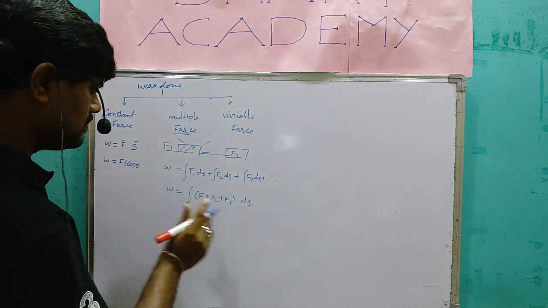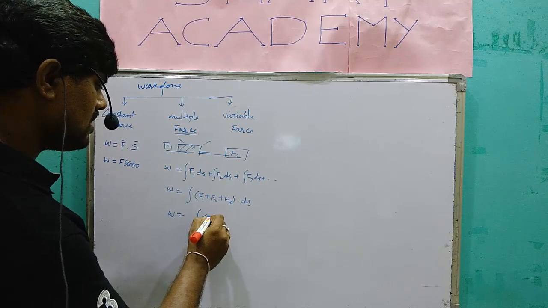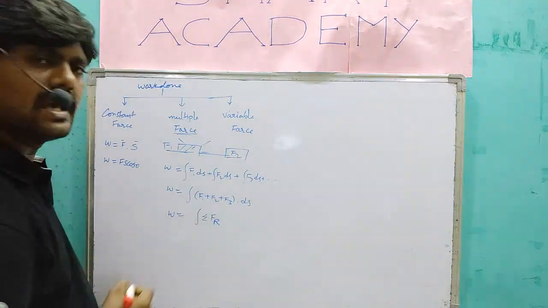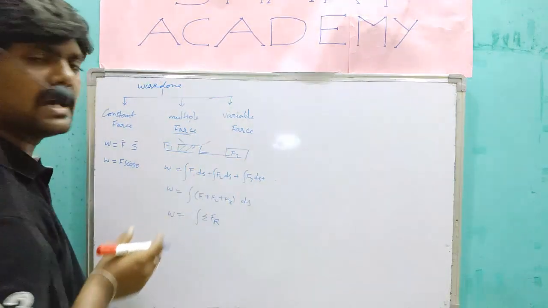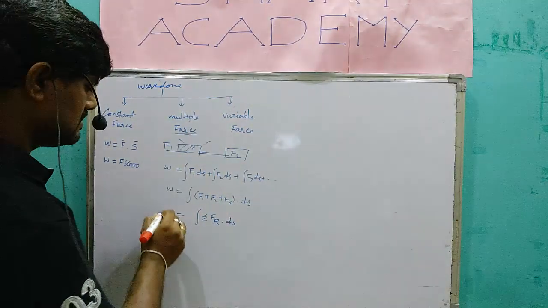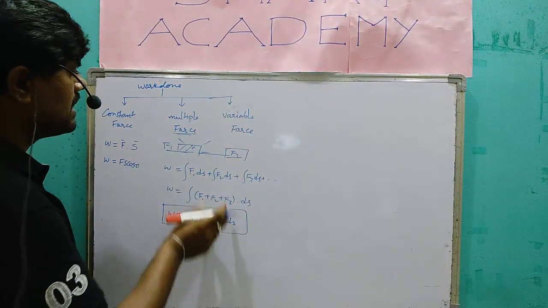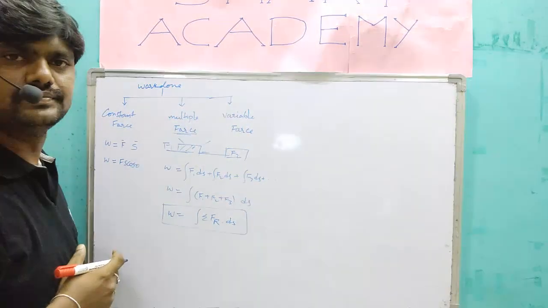This can also be written as sigma F, the resultant force, dot ds. This is the work done equation when we apply multiple forces.